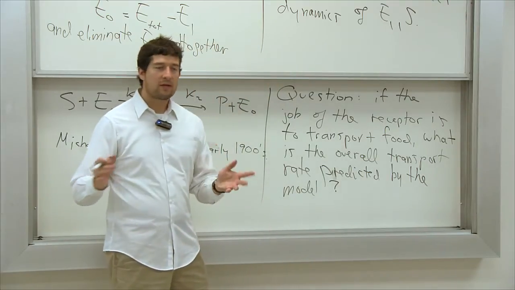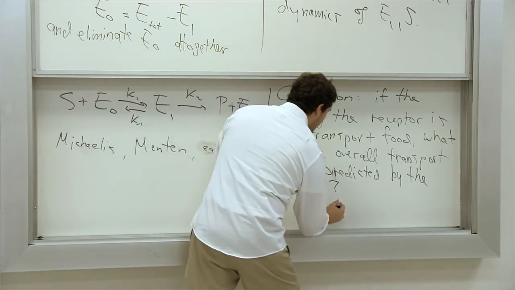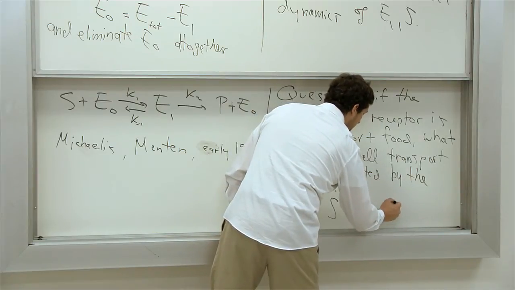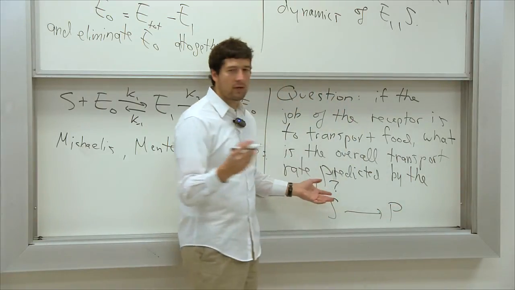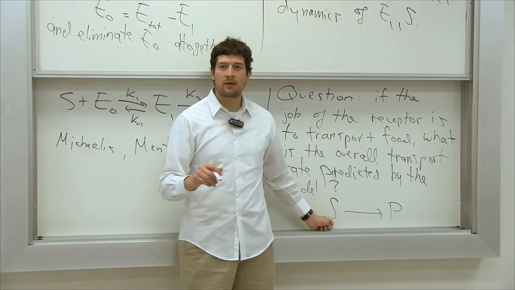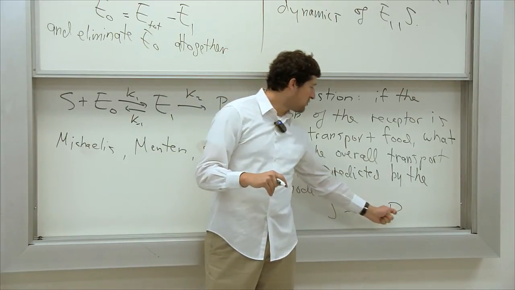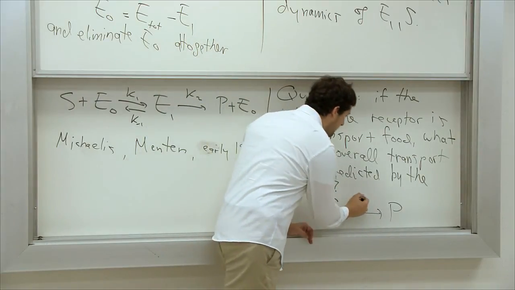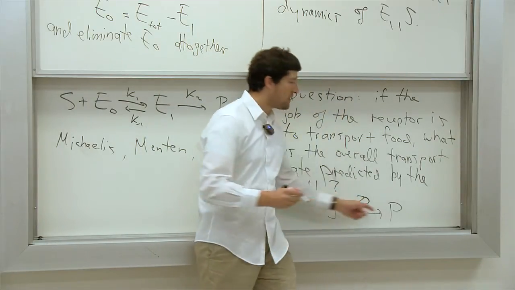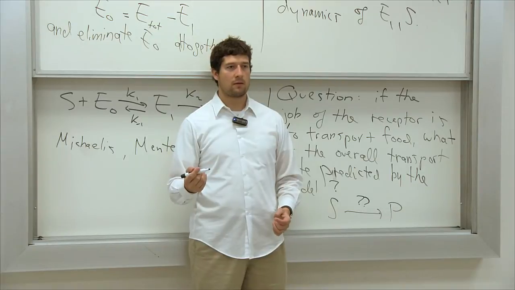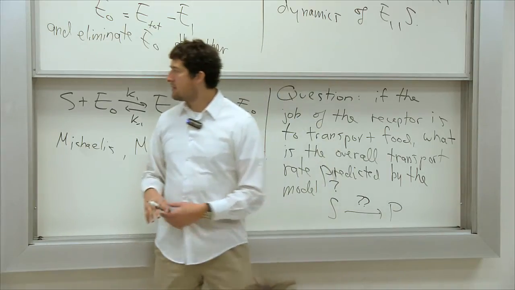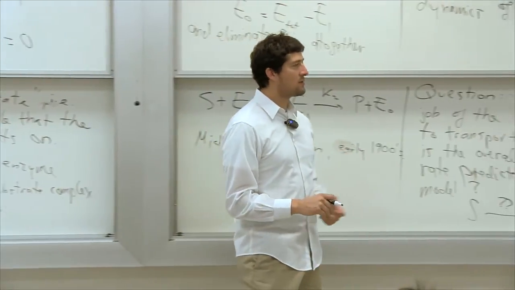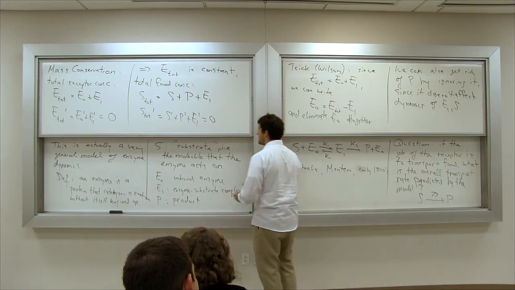Okay, so basically the question is the following. You have substrate. The substrate is turning into product. Or let me put it this way. You have extracellular food. It's turning into intracellular food. And ultimately what you're interested in is the rate at which this is happening. We're not going to do it today because we don't have time, but I'm going to tell you the answer.